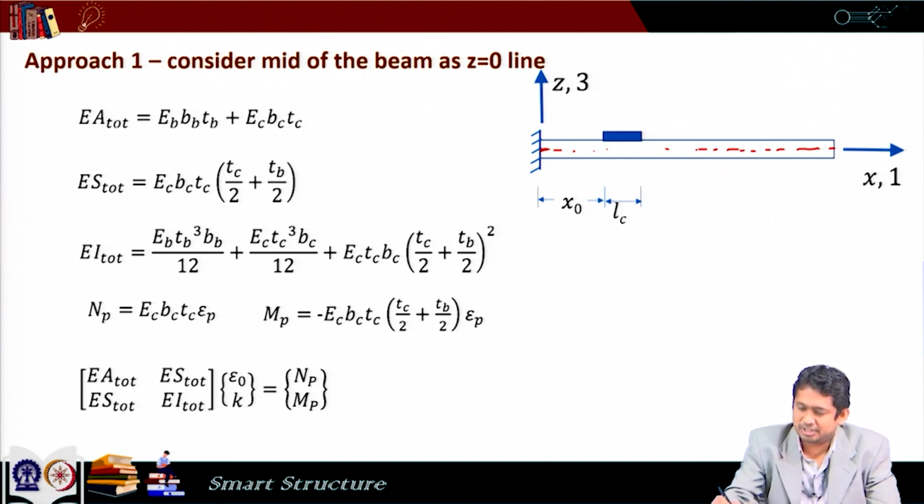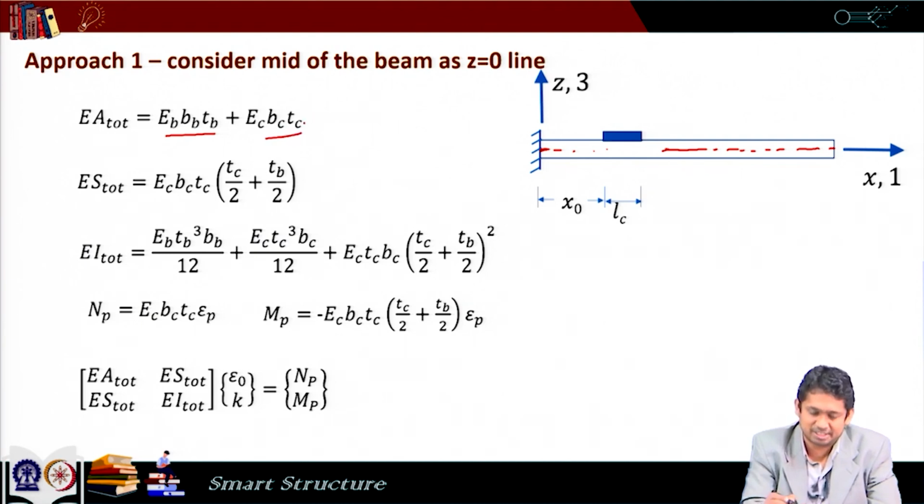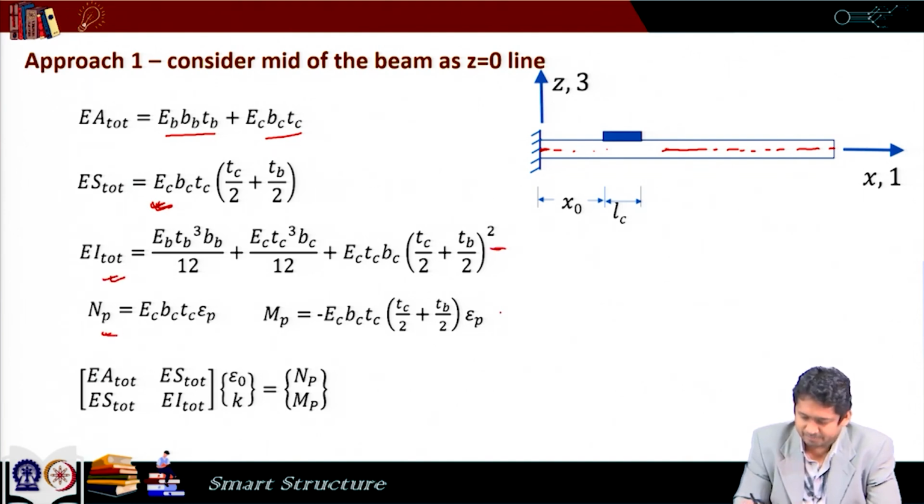Now, with respect to this point, if I find out my ES, it would be non-zero. EA total, as we can find out, is EB BB TB, so area of this multiplied by the corresponding Young modulus, plus BCTC multiplied by the corresponding modulus, it remains the same. Only thing is that here the contribution is from only one side. ES total is this, and then we have EI total, and NP is this, MP is this.